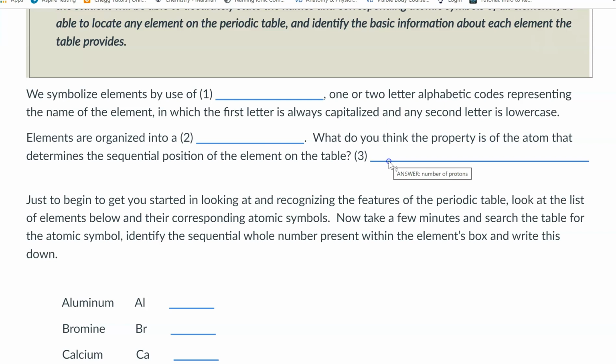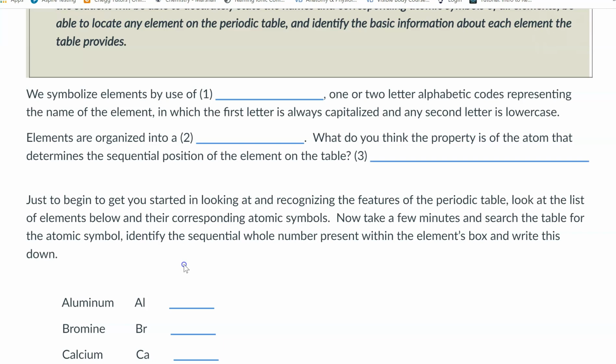And just to get you started in looking at and recognizing the features of the periodic table, look at the list of elements below and their corresponding atomic symbols, and then take a few minutes to search the table for the atomic symbol and identify the sequential whole number present within the element's box and write this down.